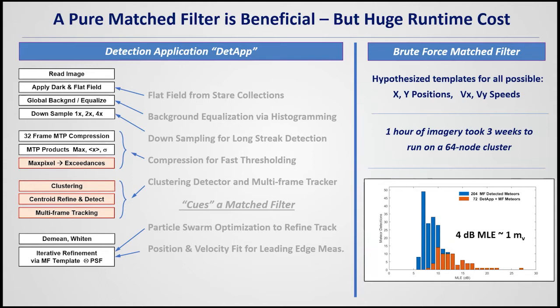Nevertheless, you can see from the bar chart on the right that the detections out of DEDAP, which are in orange, get down to about 10 dB maximum likelihood estimate, whereas you go below that with the fully blown matched filter implementation, and get almost an extra magnitude out.